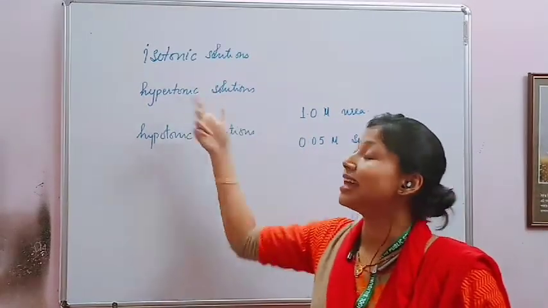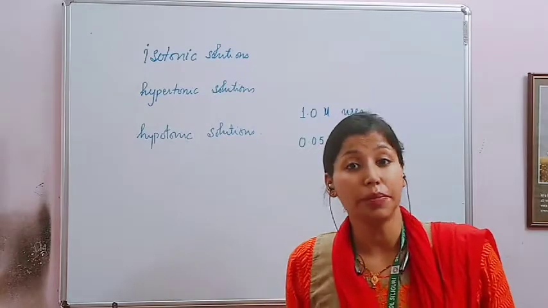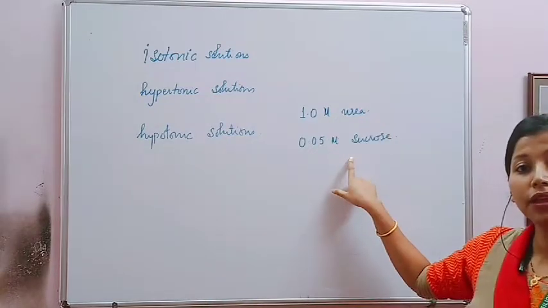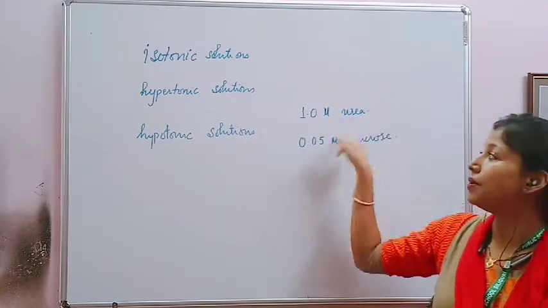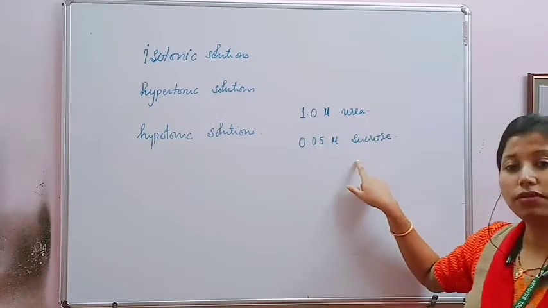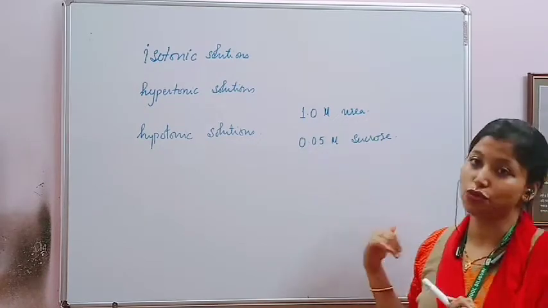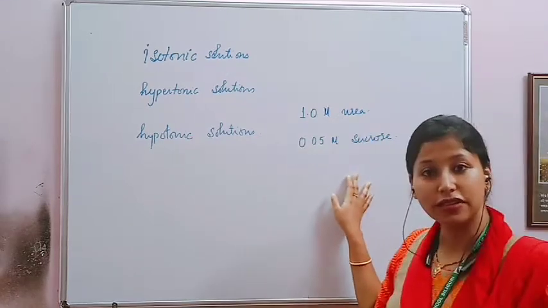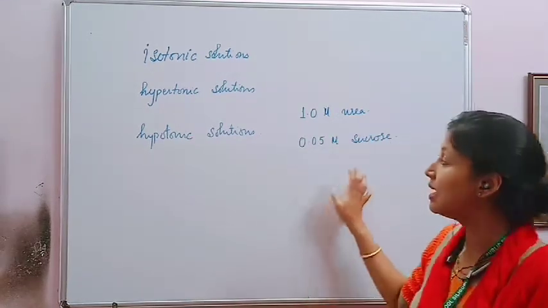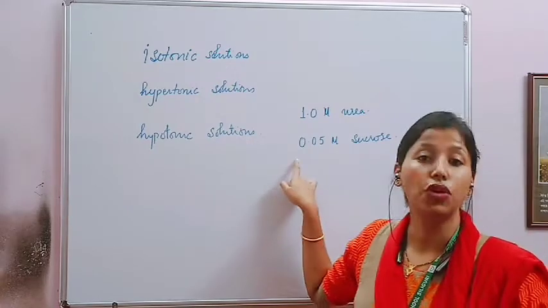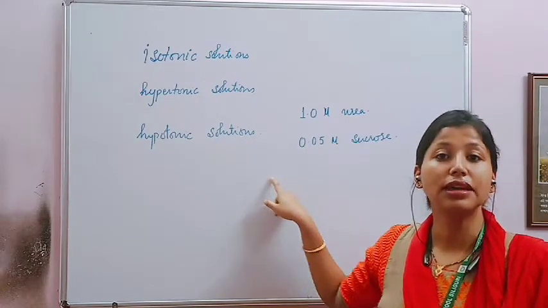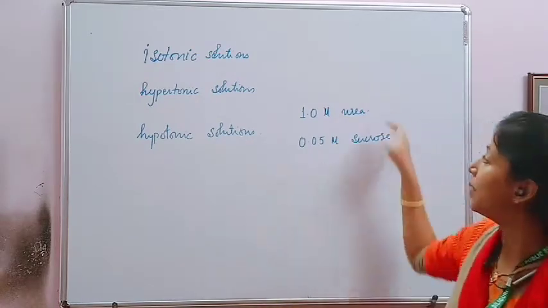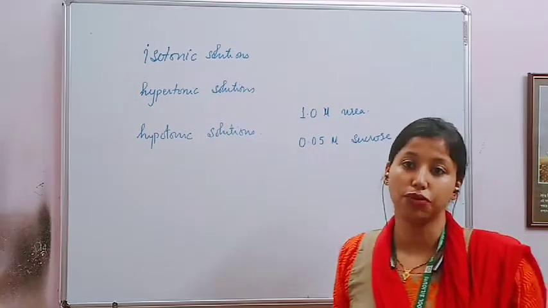That means it has greater osmotic pressure compared to this. So this will be hypertonic compared to 0.05 molar sucrose solution. And since here the osmotic pressure is less or the concentration is less, this becomes your hypotonic. This becomes the hypotonic solution compared to 1 molar solution of urea.